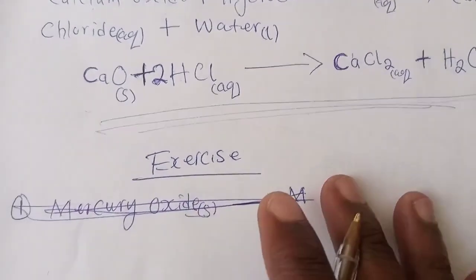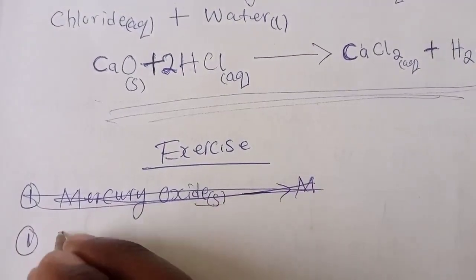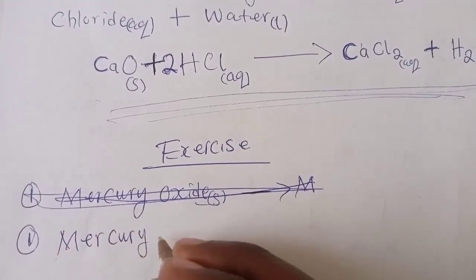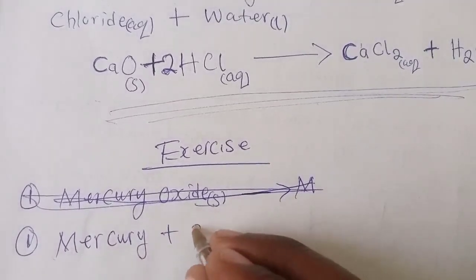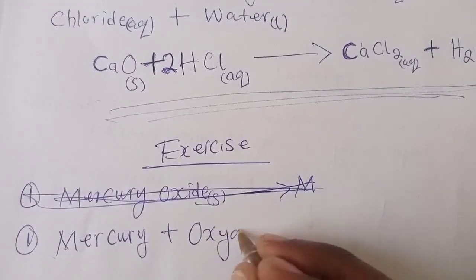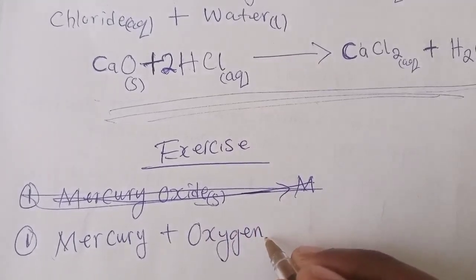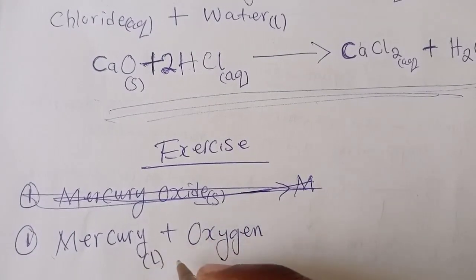I'm sorry. So we're saying that number 1, mercury plus oxygen. Mercury is always in liquid state.